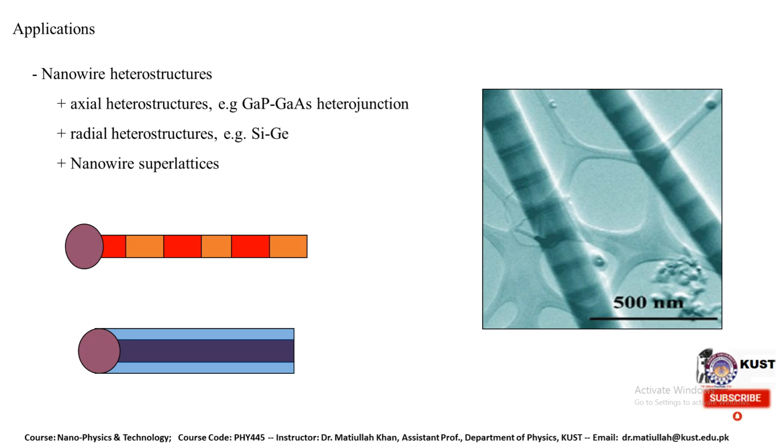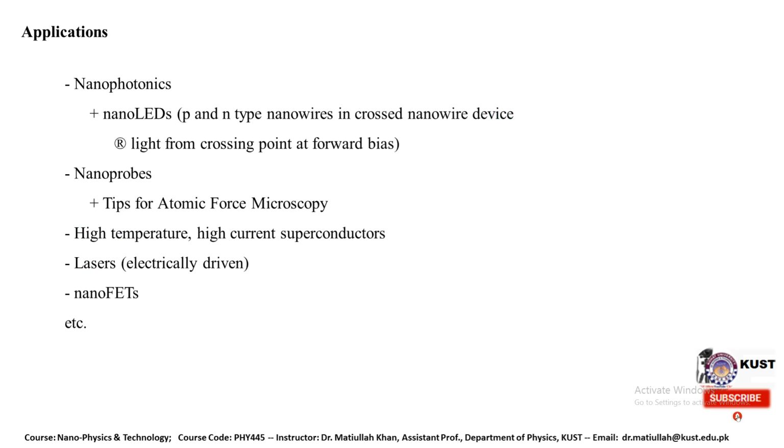It is especially used in nanowire heterostructures, where we have axial heterostructures, just like in case of GaP and GaAs heterojunction. It is also used in radial heterostructures, and it has application in superlattices as well. Further applications of nanowires come in the optical property, in nanophotonics, where nano LEDs are made, that is from the combination of n-p type nanowires and cross nanowire device, light crossing from point to power bus.